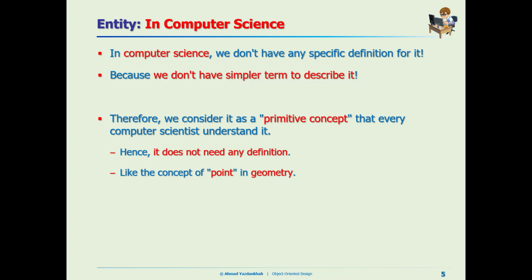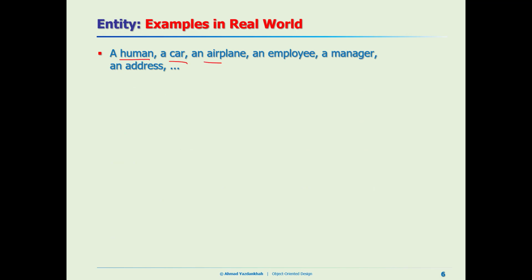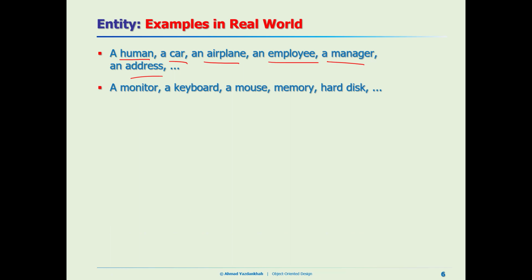All right. Let me take some examples of entities. For example, a human is an entity, a car, airplane, employee, manager, address, monitor, the hardware, the keyboard, a mouse, memory, a product, a client, a price, an invoice.